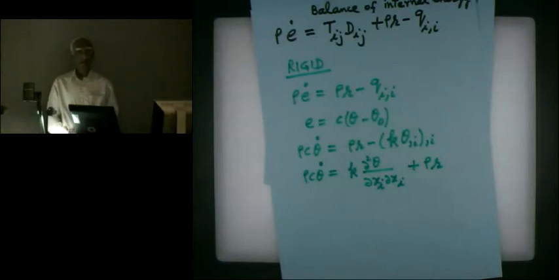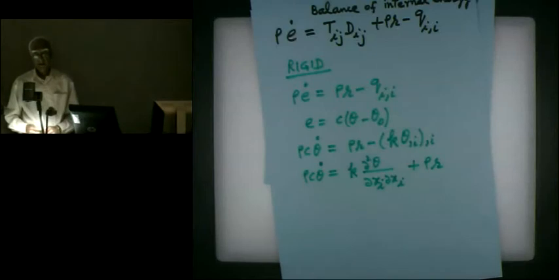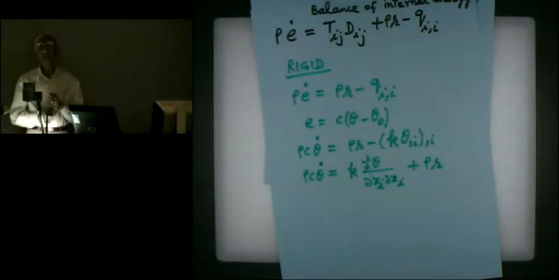K is a constant, like we are assuming the body is homogeneous, made of the same material. K does not depend upon x. So what is the meaning of C?